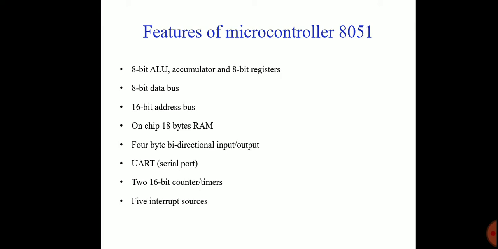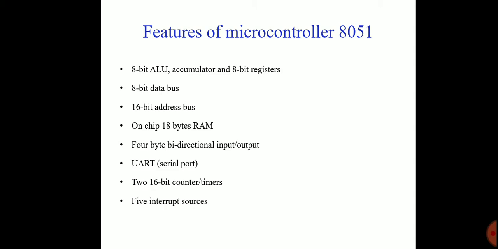The on-chip memory is 128 bytes of RAM, it has four bidirectional input and output ports, and the serial communication port is a UART serial communication port. It has two 16-bit counter and timer circuits, and five interrupt sources. So these are the main features of the 8051 microcontroller.